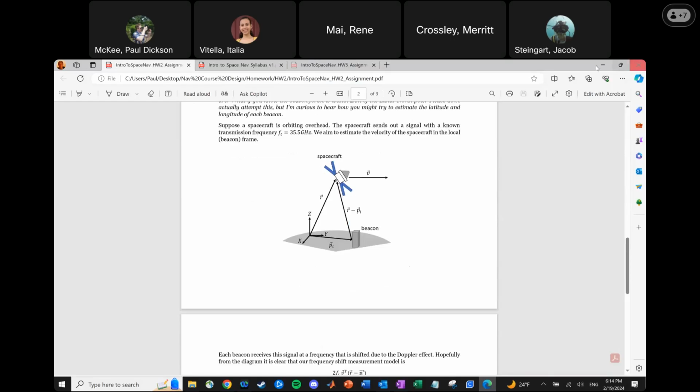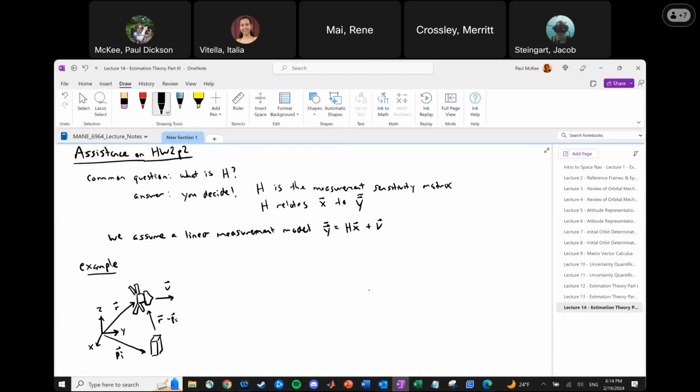Okay, fine. So the component, hopefully this is obvious, but if not, let's go through it. The component of the velocity in the ith beacon's line of sight is what?